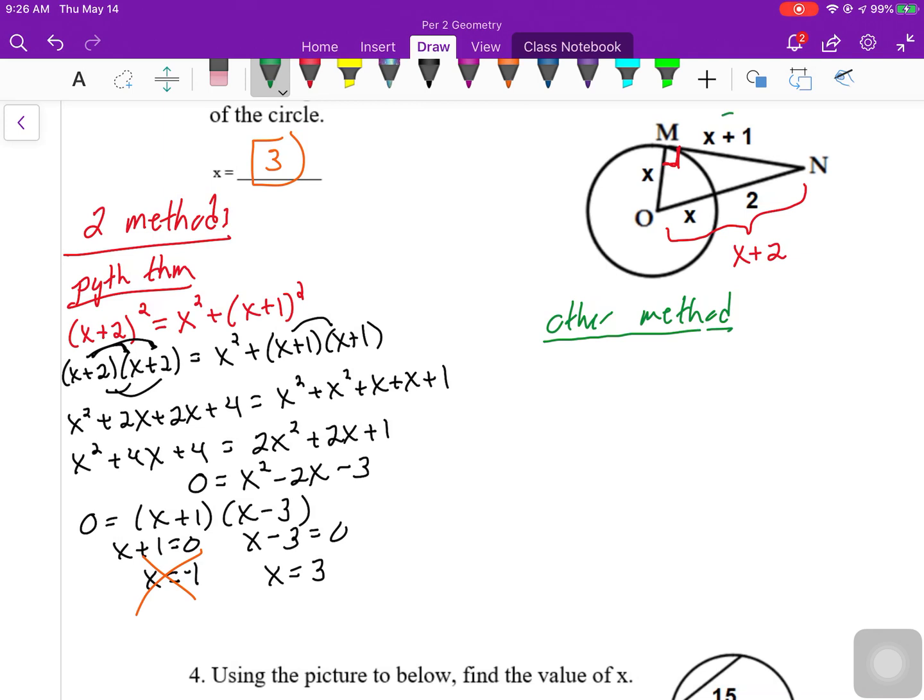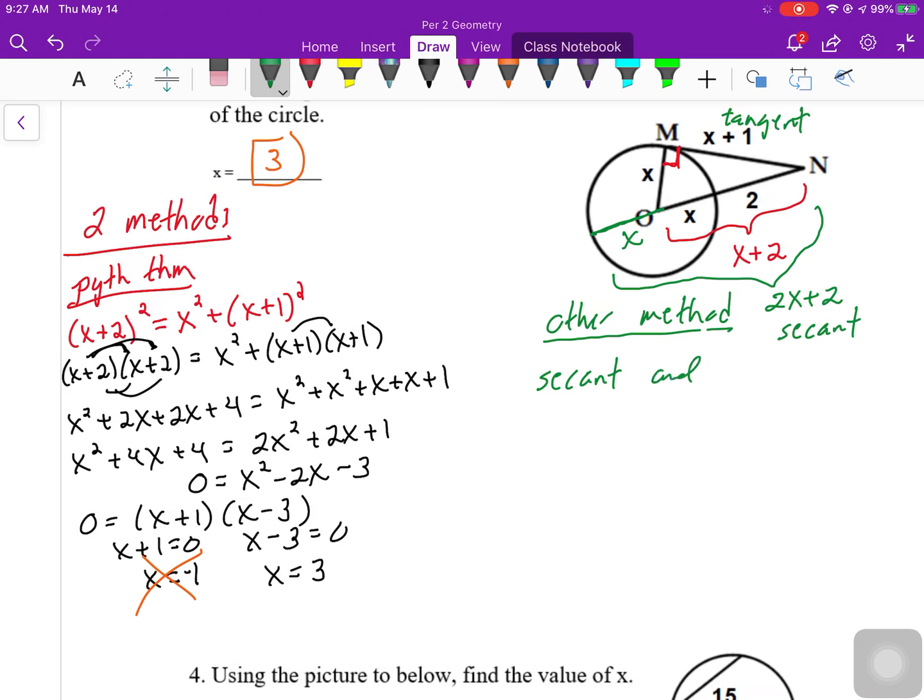The other method is actually why this shows up in this chapter. Now, we have a tangent up here. The tangent would be the x plus 1. And if I extend this the rest of the way through the circle, that's going to be an additional x. Then this whole length right here becomes 2x plus 2.